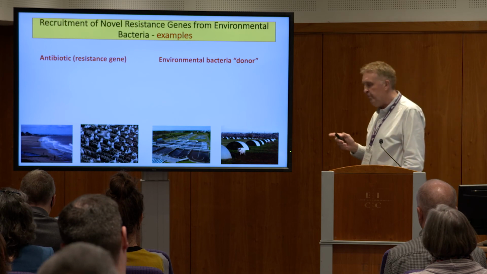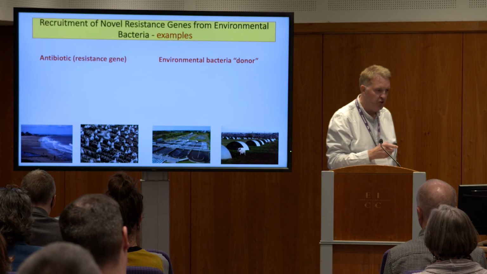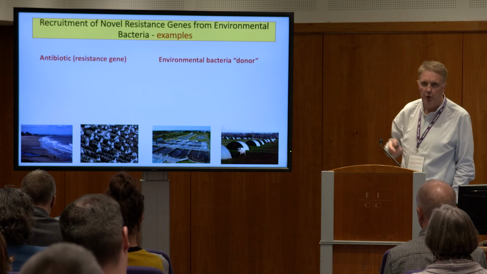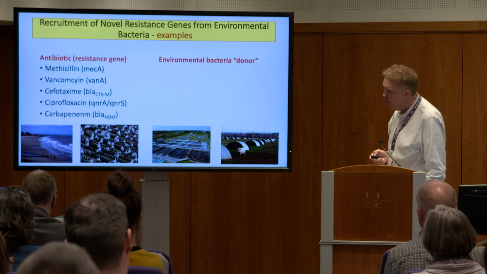So these are proven resistant genes that we have in hospital pathogens which have been sourced back to environmental bacteria, and there'll be antibiotics that we are all familiar with.